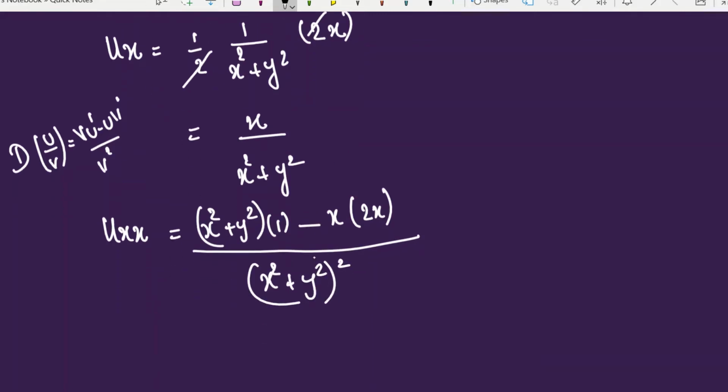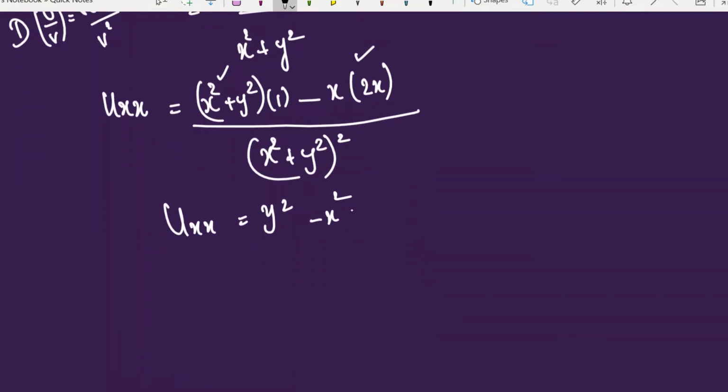Now u double x value is y square minus x square, that is x square plus y square minus 2 times x square is minus x square, divided by x square plus y square whole square.